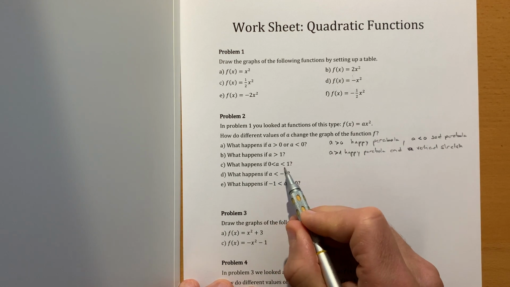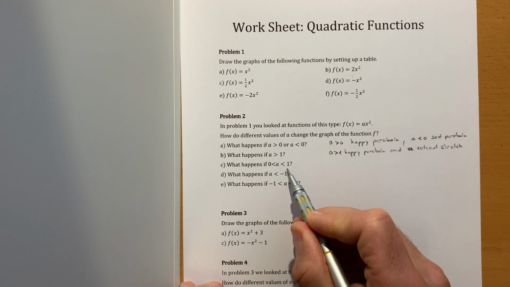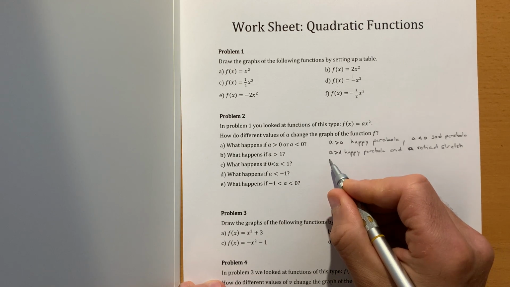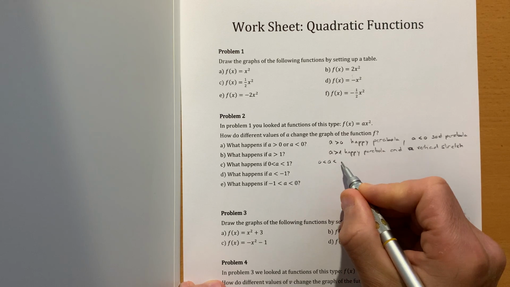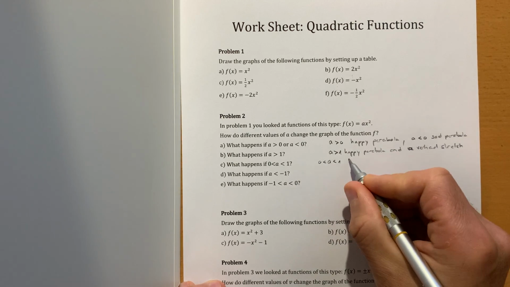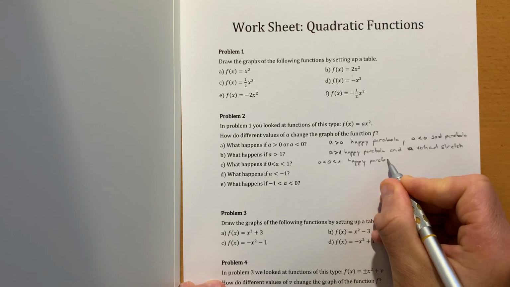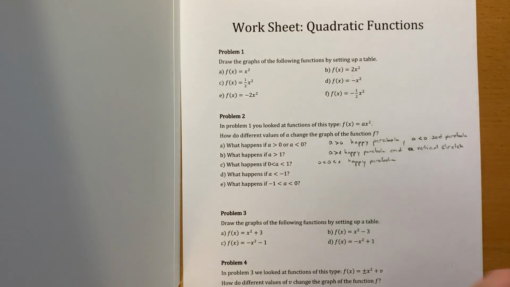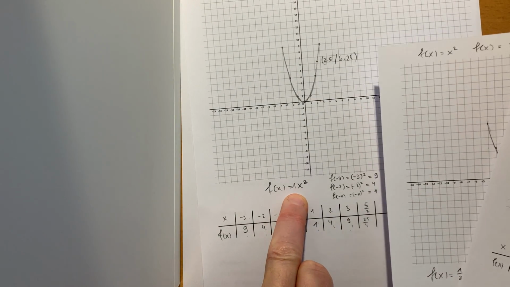Now, what happens if a is greater than 0 but less than 1? Okay, well, if it's greater than 0, it must be a happy parabola. But if it's less than 1, look, here we had the one where the coefficient was exactly 1.